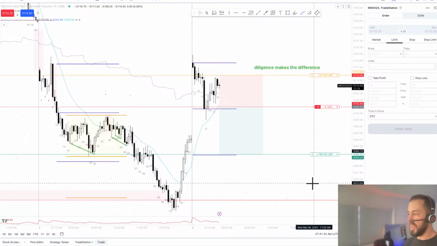I'm telling you, the key to so much in trading is not getting attached to your position. Make the best decision you can based on the information at the time. That's all we can do. Make the best decision given the information that we have at the time. That's it.